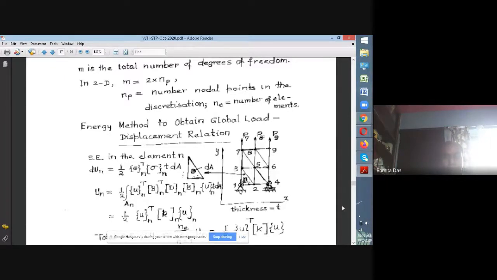In this case, the global loads are given specifically: at node 7, in the y direction, P7; at node 8, P8; in the y direction at node 9, P9.